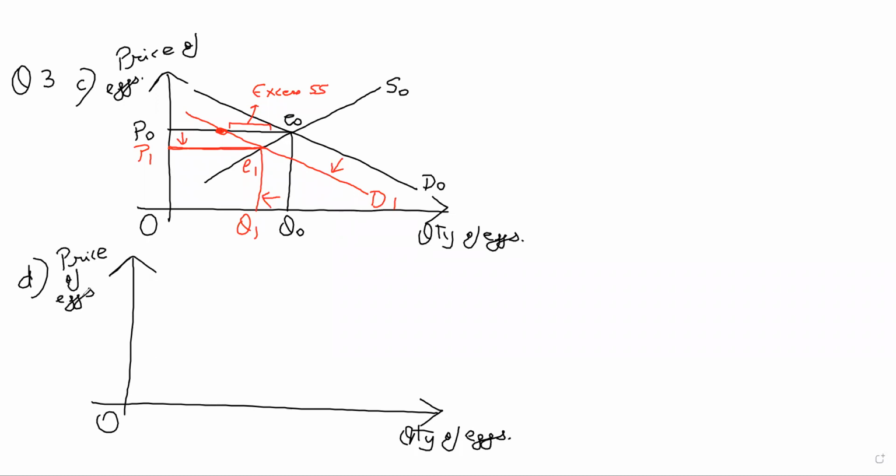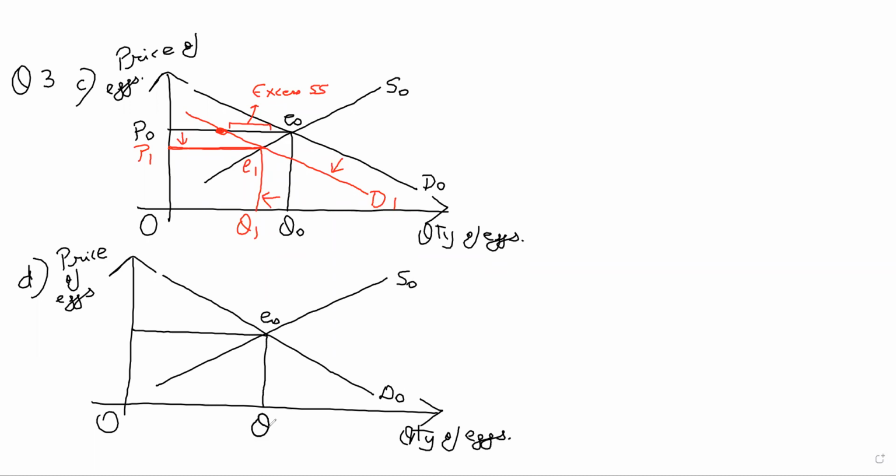Very good. So this is our initial demand curve. This is our initial supply curve. Okay. This is our initial equilibrium. Initial price and quantity combinations.